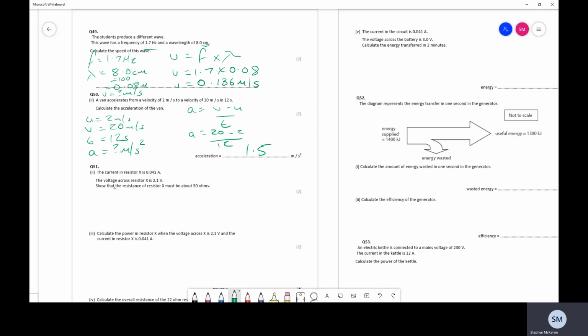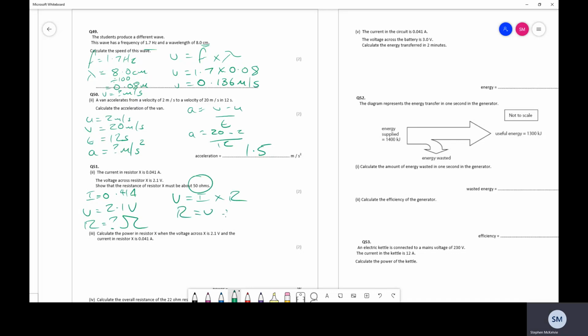The current in resistor X is 0.41 amps. The voltage across resistor X is 2.1 volts. Show that the resistance of resistor X must be about 50 ohms. Well, I mean, you'd be tempted, wouldn't you, to just do this? But we can't. So instead, we're going to have to use our equation. V is equal to I times R. I'm going to rearrange that equation.